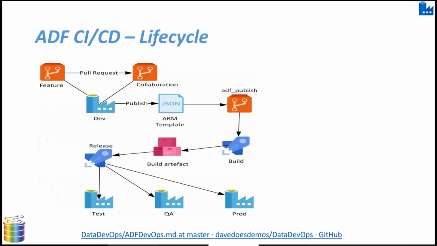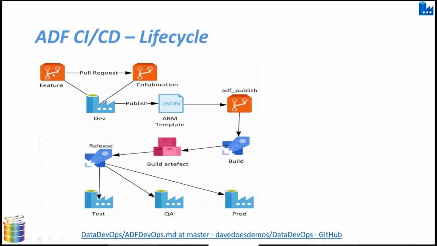So here is the life cycle. In this life cycle, you can see that I have four Azure Data Factories: Dev, Test, QA, and Prod. Only my Dev Data Factory is connected with my collaboration branch, or main branch, or master branch. If I want to make new changes, I need to create a feature branch.